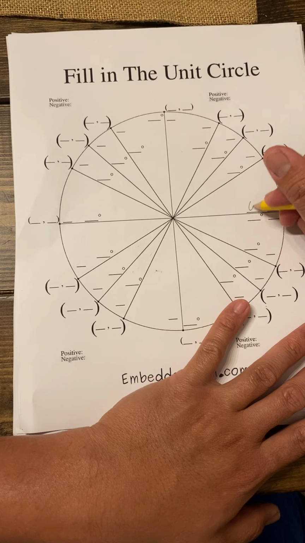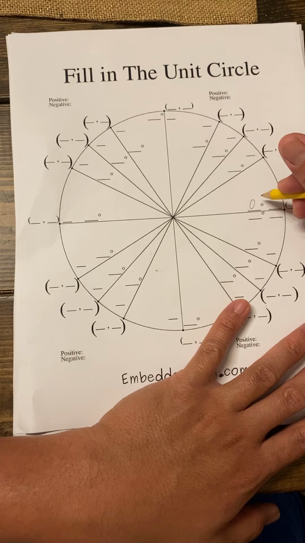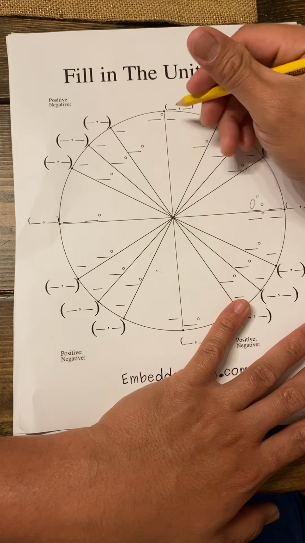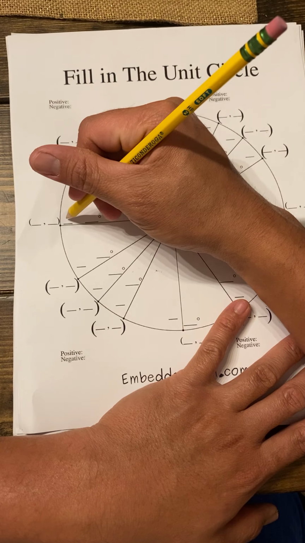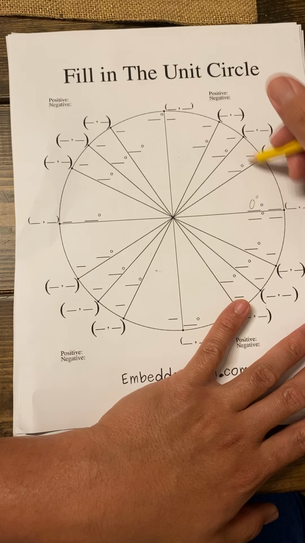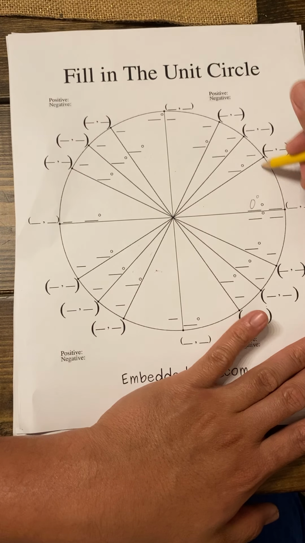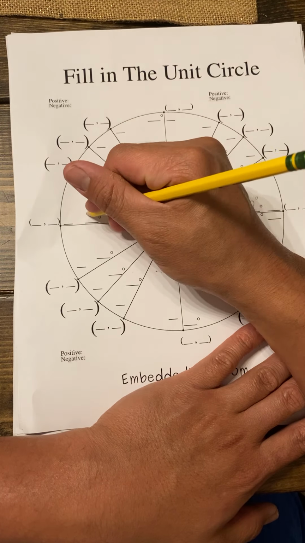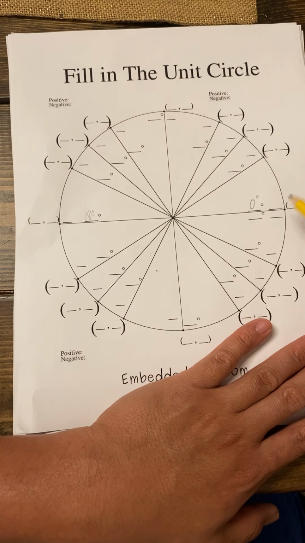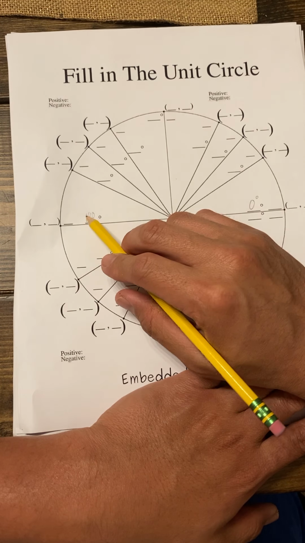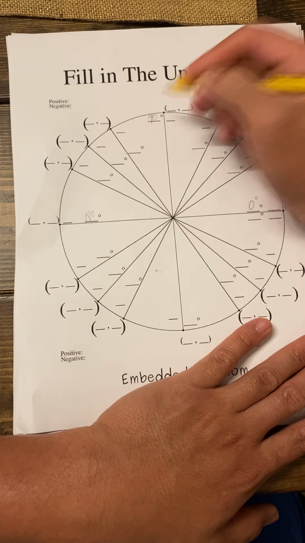We know this is 0 degrees. This is a whole pi, or half of the unit circle, so this is 180 degrees. Half of 0 to 180 is 90 degrees.